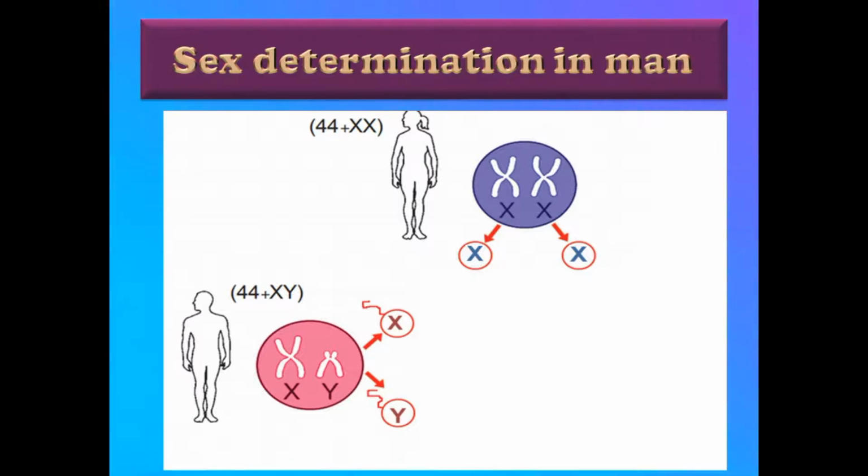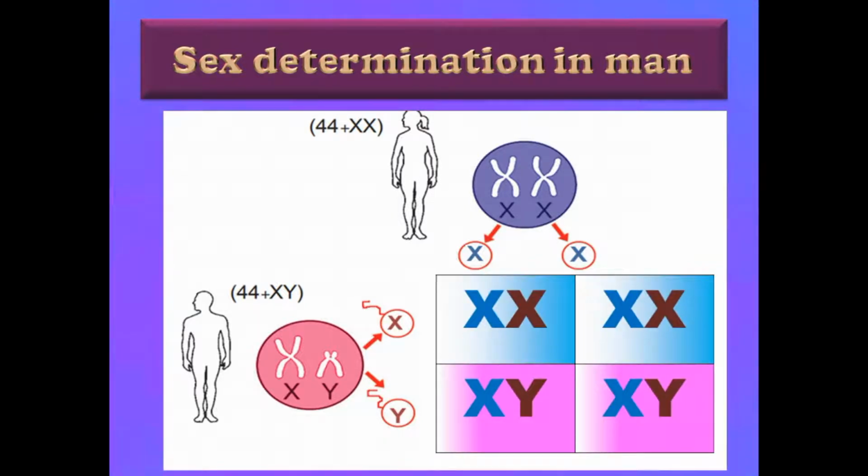It will result as given in the table. The X of the female combines with the X of the male to produce the female child. Similarly, in the second box you can see the X of the female combines with the X of the male to produce a baby girl.